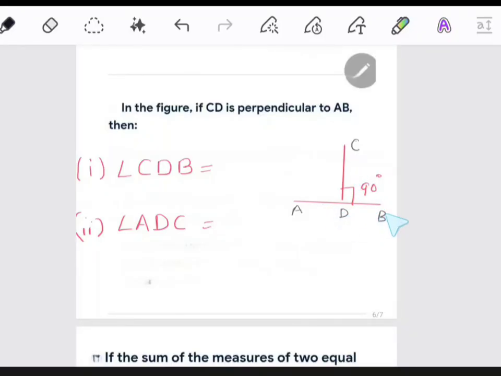So angle CDB is a right angle, 90 degrees. Similarly, angle ADC is also 90 degrees. Clear?